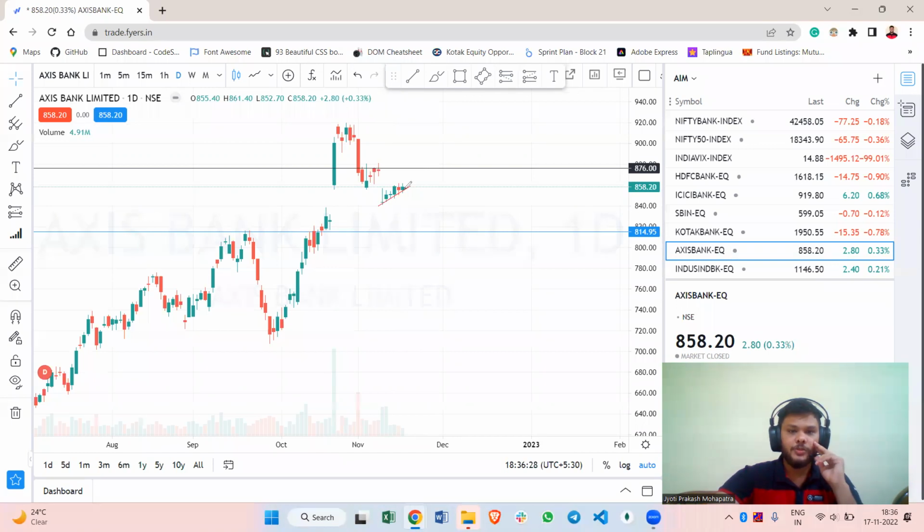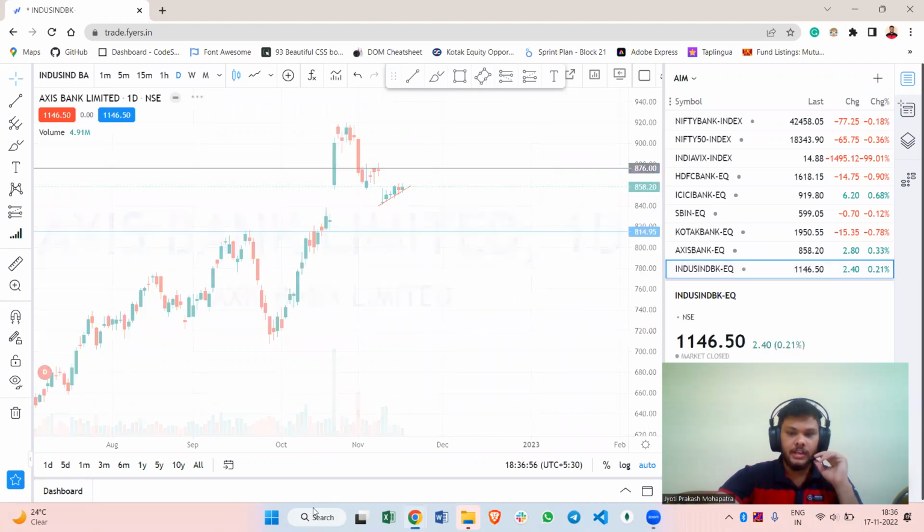So if tomorrow the market opens flat or opens gap up, and if it shows a strong close above 860, and when it trades above 861 or 62, then you can expect some buying pressure here, and your target will be 867 to 875. For any selling, it needs to close below 855. Then after that, we can expect some selling pressure here, and we can set a target to 850 to 845.